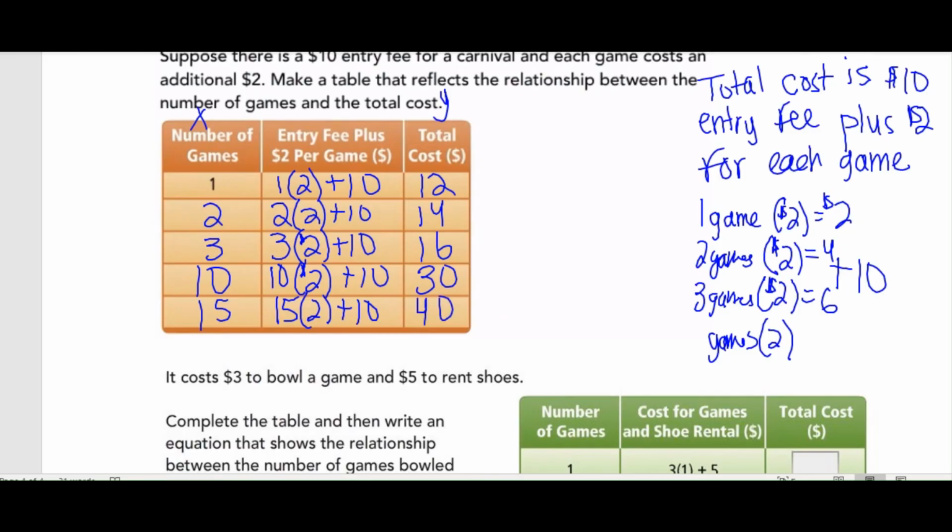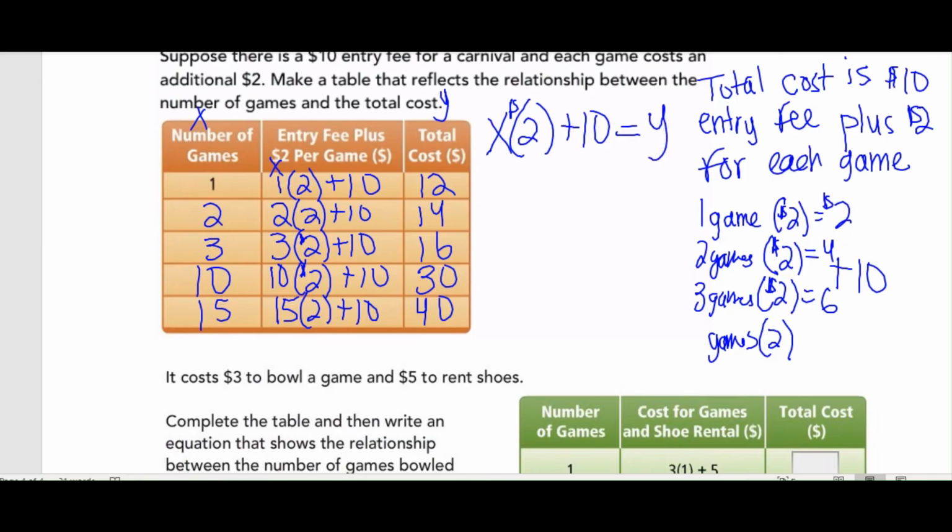So we can say that an equation in my point slope formula, so 1 represents the game, so this is X. So the value of X times 2, because it's $2 per game, plus the $10 entry fee is equivalent to the total cost, Y.